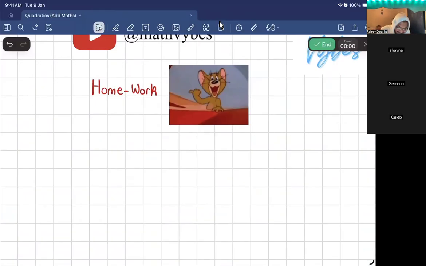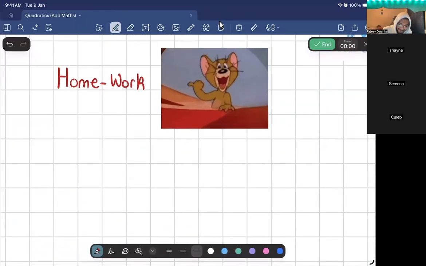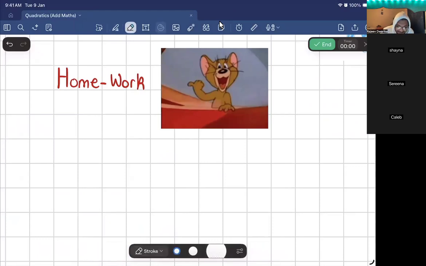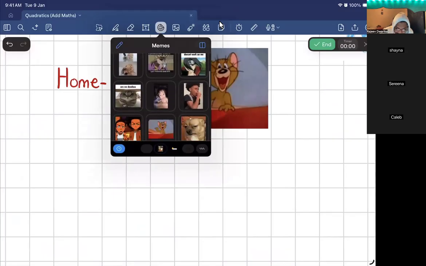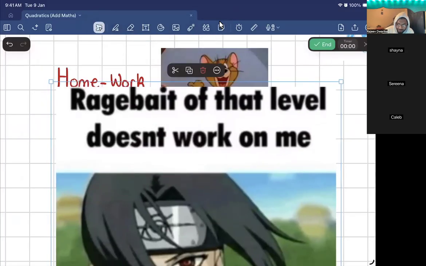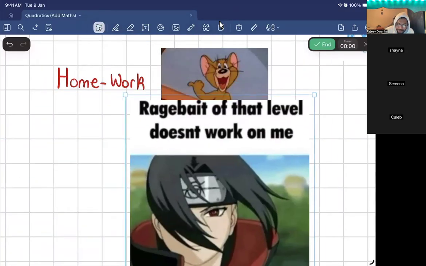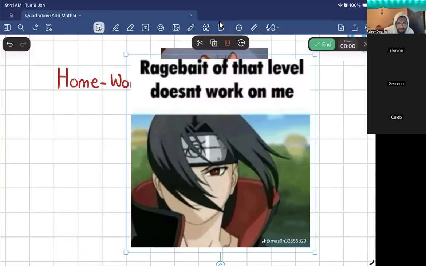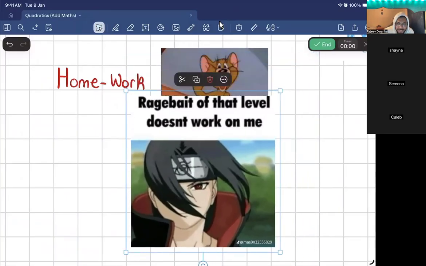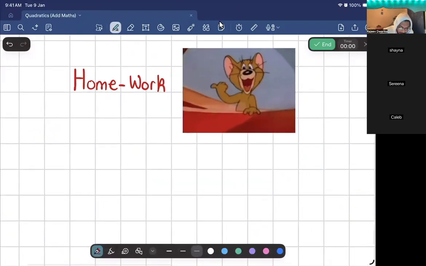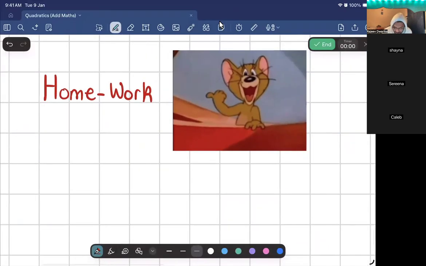Yes, so we are jumping for joy. This is literally Shayna right now. Rage bait of that level doesn't work on me. Honestly, genuinely excited, which is nice.